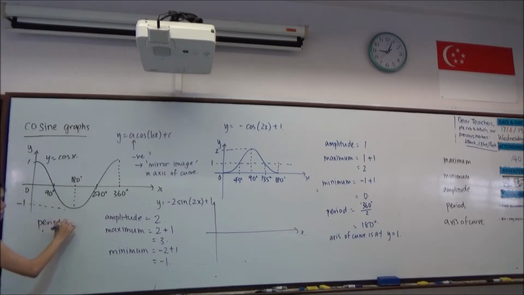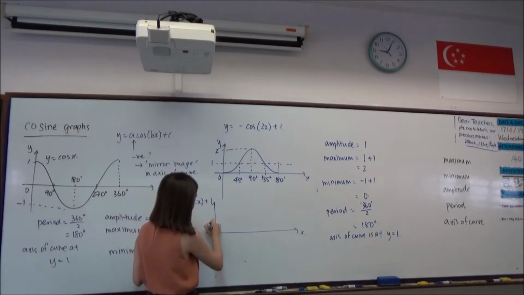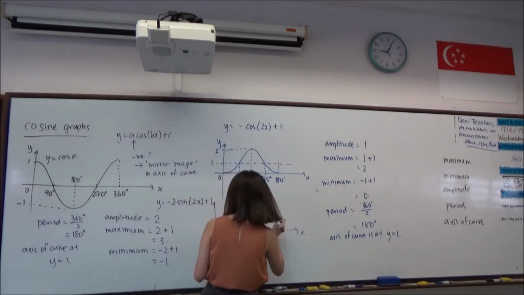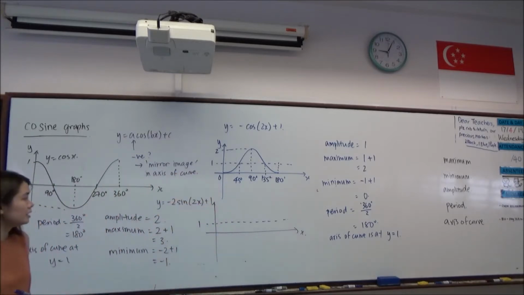Then the period will be 360 degrees divided by 2 as well. And then the axis of curve will be y equals 1. So start with the axis of curve, y equals 1. Then we need to draw in the shape of the graph first.